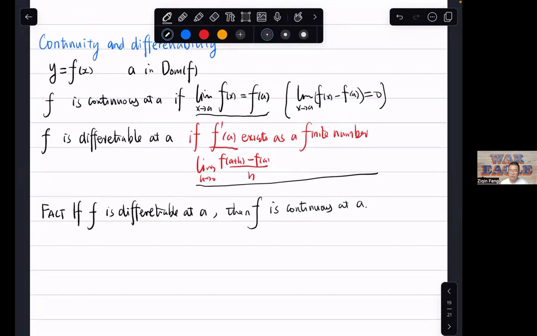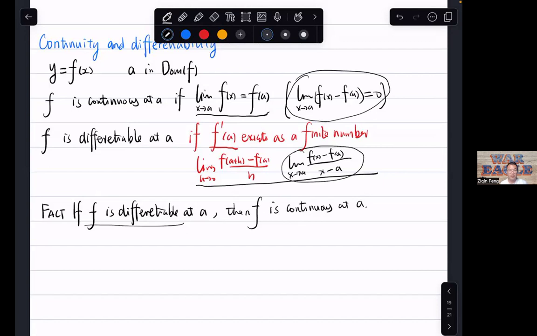We have two definitions for the derivative, one involving h, the other involving x and a. So how do you show this is true using the fact that the derivative exists as a finite number? This is basically how to prove such a fact.